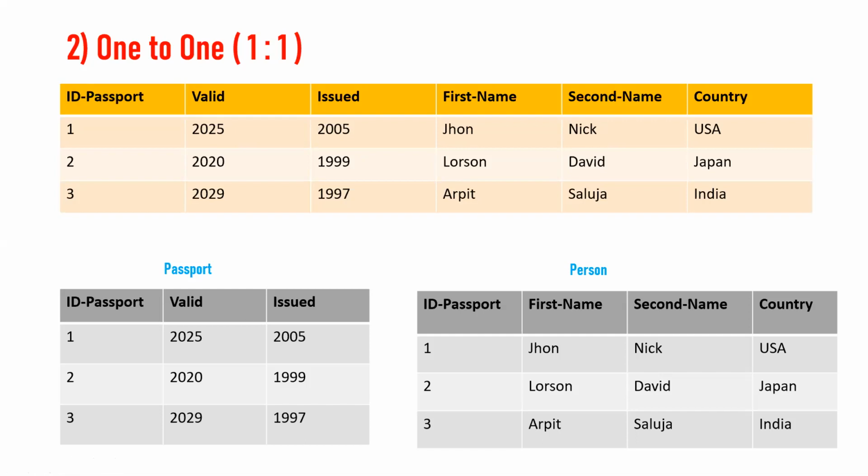The ID passport in the passport table has unique values, and in the person table it also has unique values. Both tables have unique values and they don't repeat. So it is a 1:1 cardinality, or relationship.